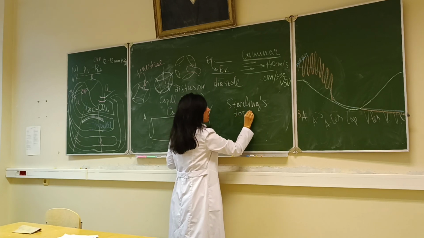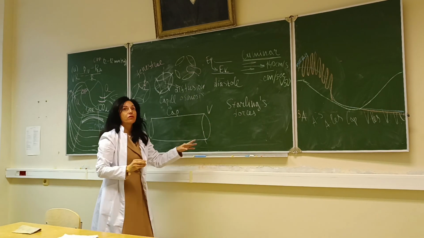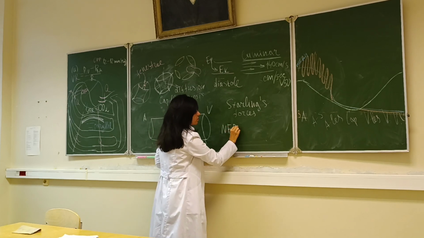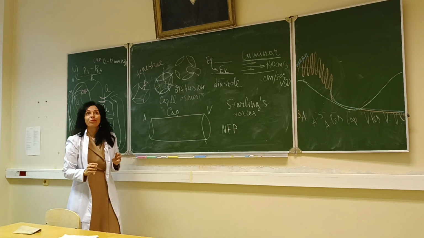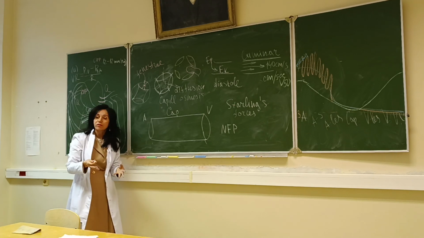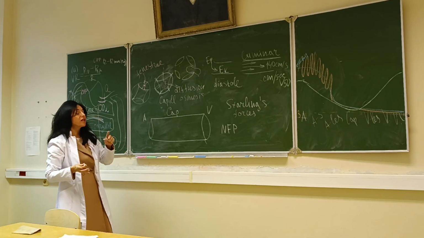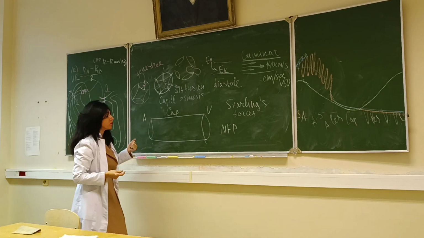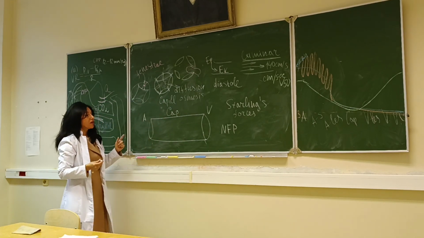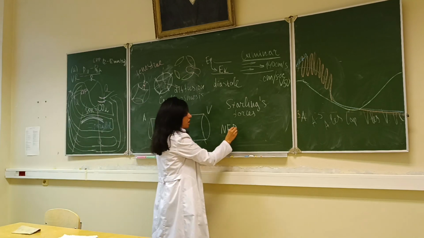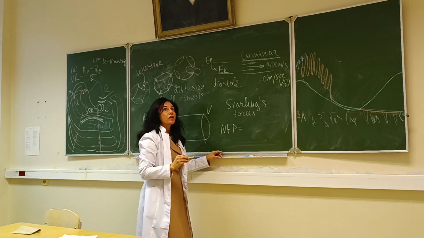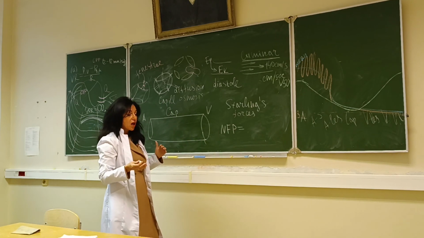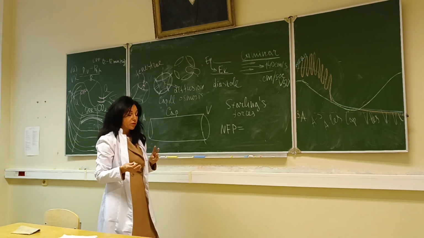Starling forces. The total force is called net filtration pressure. Net filtration pressure equals the summation of 4 components, with plus and minus signs.